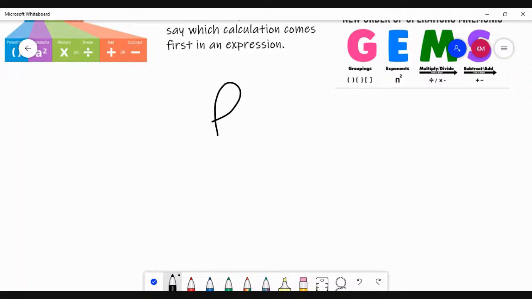Now, when you are doing the order of operation, you always start with the parentheses. Now, what are you doing in the parentheses? You are doing E, M or D, and A or S within the parentheses.